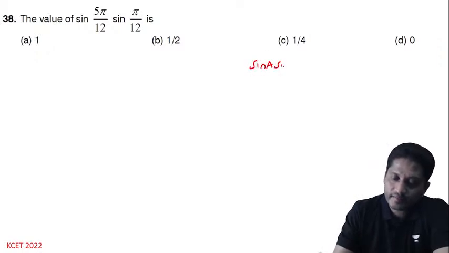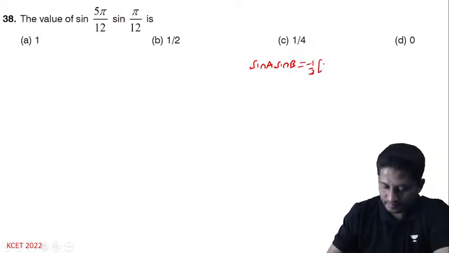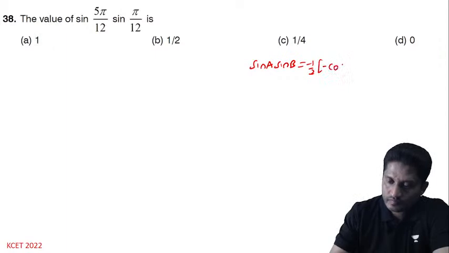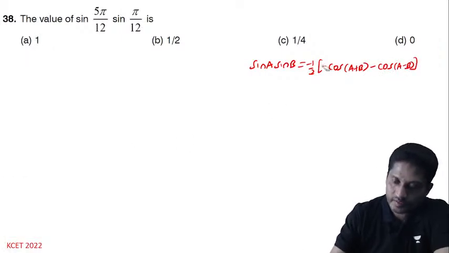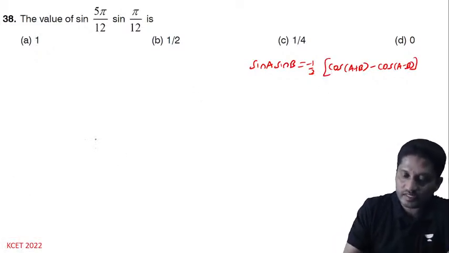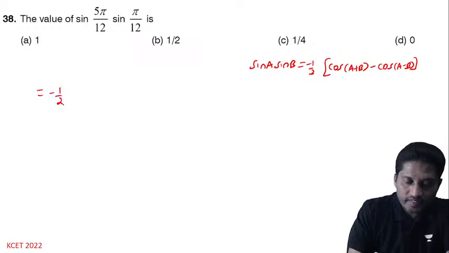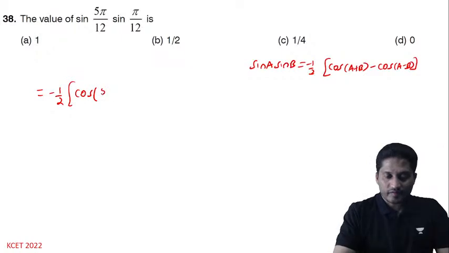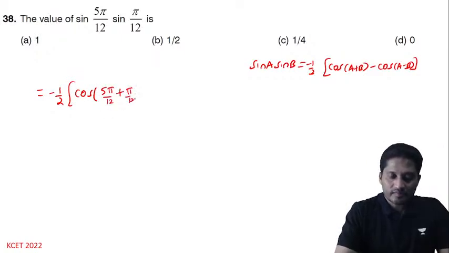Sin A into sin B is equal to minus half of cos A plus B minus cos A minus B. So this is sin A into sin B. This is minus half of cos of A plus B, which is cos of 5 pi by 12 plus pi by 12.